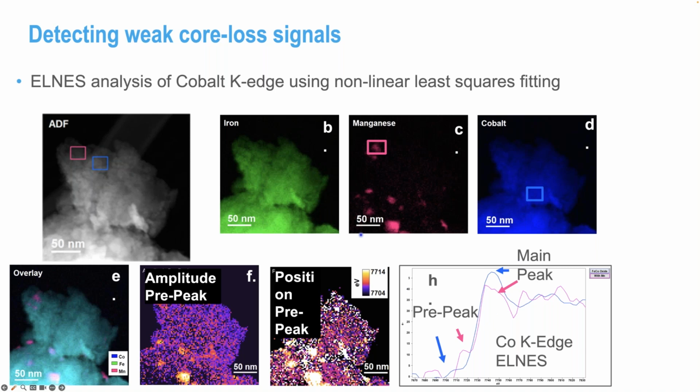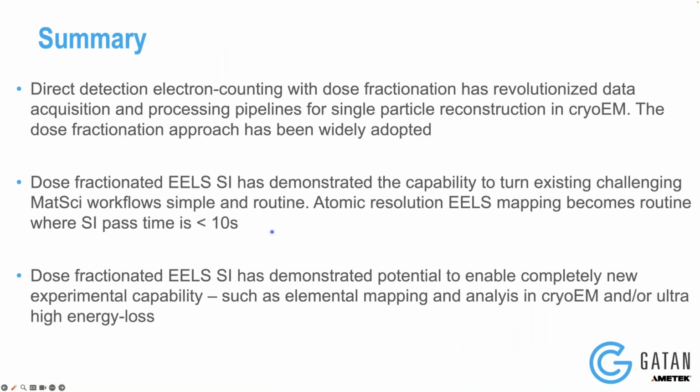So that's drawing to the end of the time that I wanted to spend on the data. I'll move on to our summary slide. There are 3 main points that I wanted to get across here. First, direct detection electron counting with dose fractionation has really revolutionized data acquisition and processing pipelines in single particle reconstruction in cryo-EM.